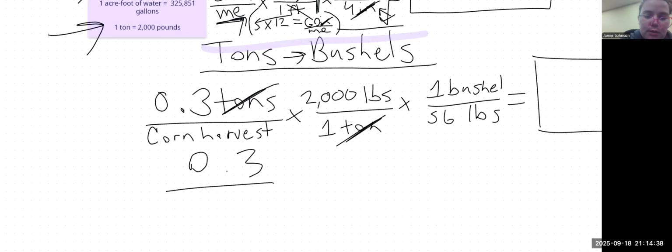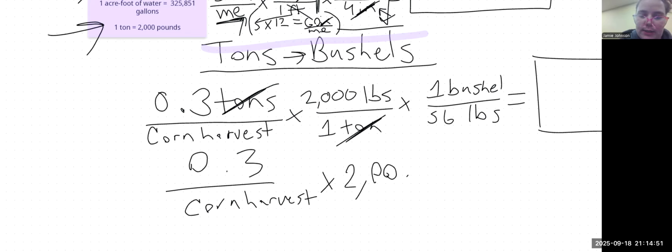corn harvest times 2000 pounds, right? Because anything in a fraction over 1 is just that number.